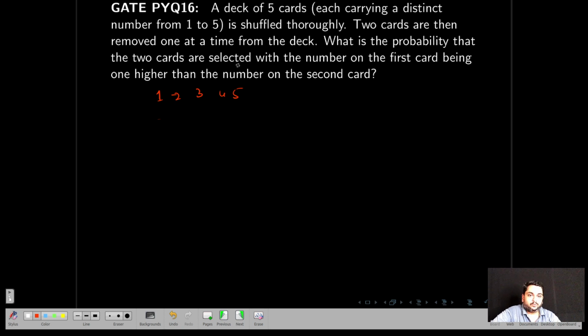So 2 cards selected with the number on the first card being 1 higher than the second number. Okay. So C1 equals 1 plus C2. This is what they are saying.